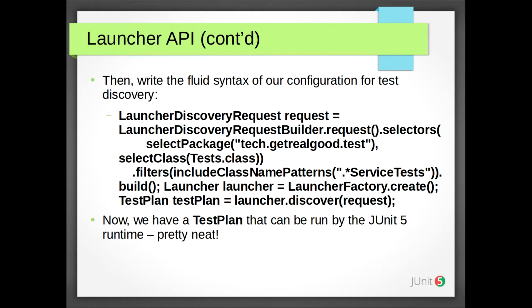Now what I would like you to do, I would like you to write out names of 3 classes. They are launcher, launcher factory, and test plan. And I'm going to give you 30 seconds to do it.